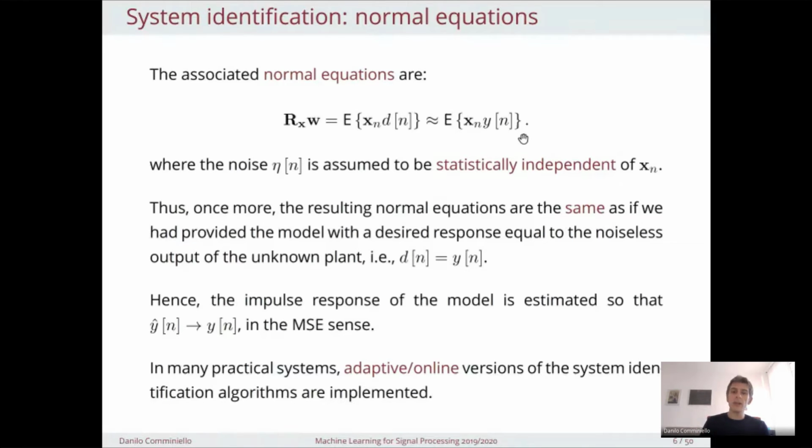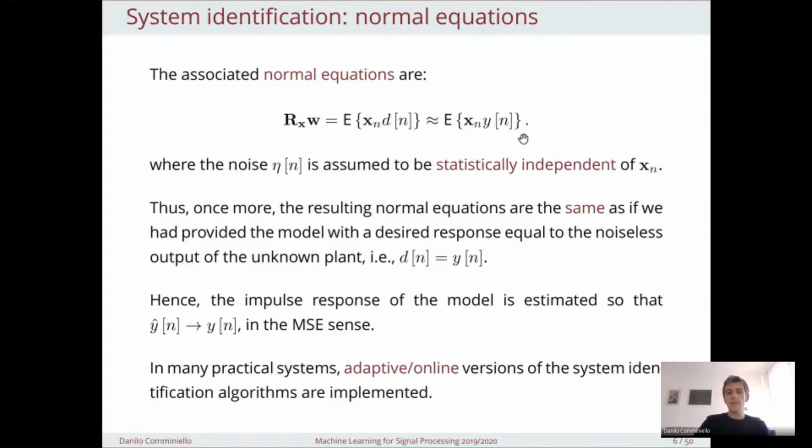It is very important, this thing, because you can use the output signal, which is also corrupted by noise, but you can consider it as if it were a noiseless output of the plant, because we are considering an uncorrelation between the noise signal and the input signal.